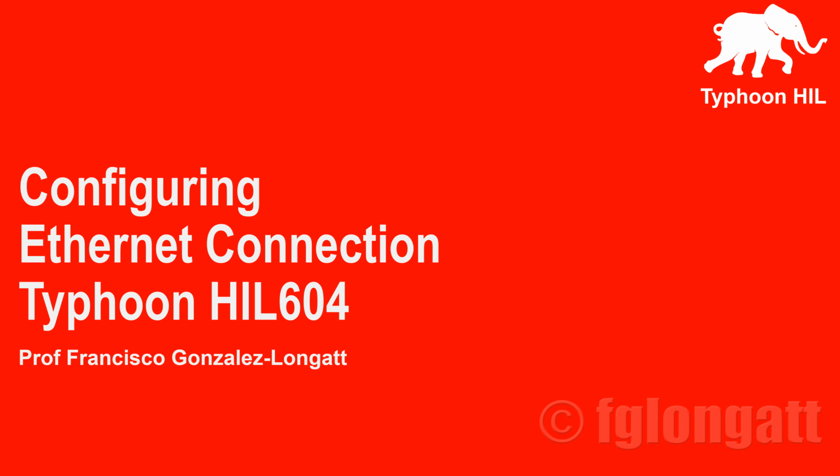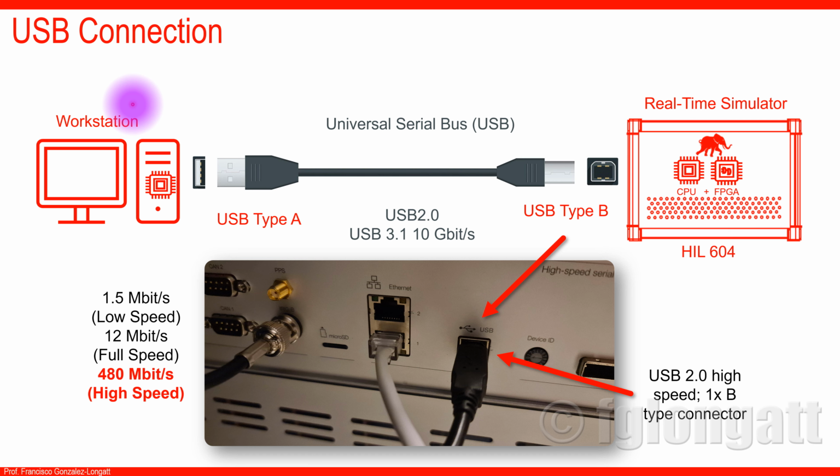Well, but before I start with the practical explanation, let me tell you the following. Typhoon HIL has been a very popular and quite successful real-time simulator manufacturer. And they have been using for quite a while the universal serial bus connection, the classical USB.